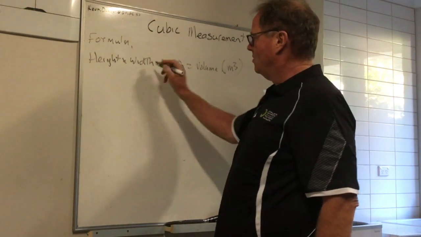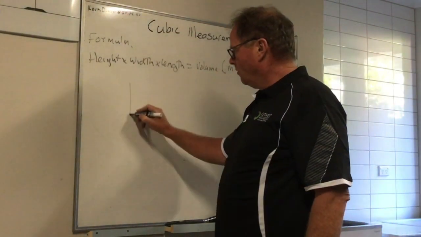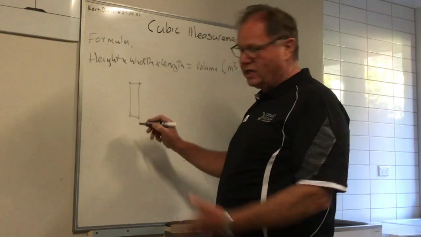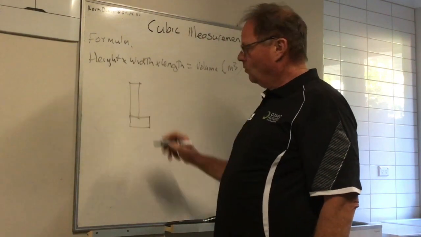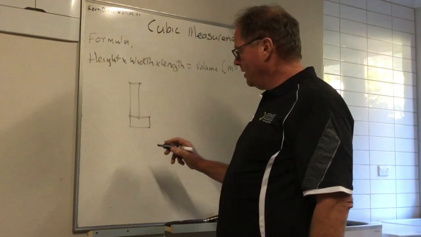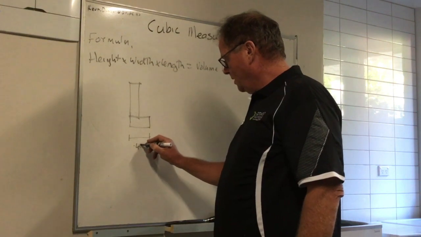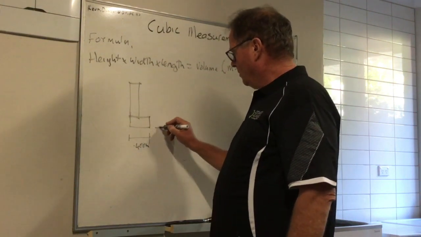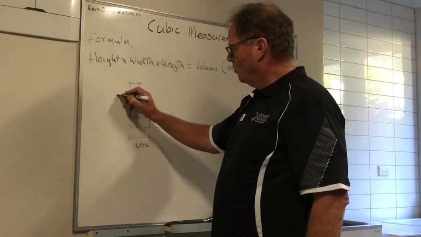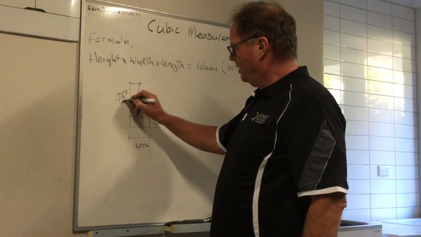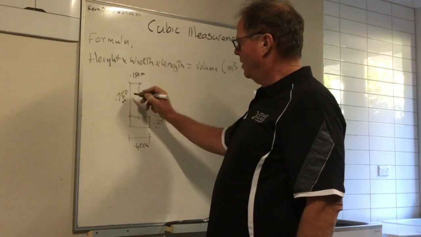Cubic metres. And if we get off the plan, if we can see a cross section of our footing here and our concrete foundation wall there, we might have 0.4 of a metre there, 0.2 of a metre there, 0.750 of a metre there, and 0.15 of a metre there.